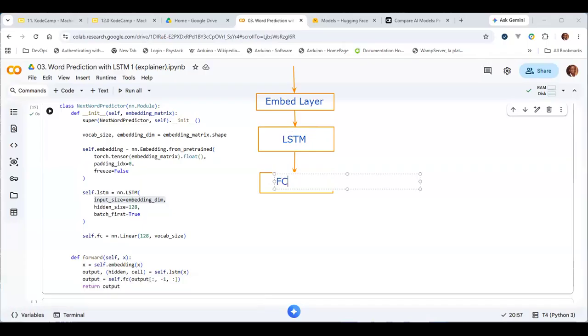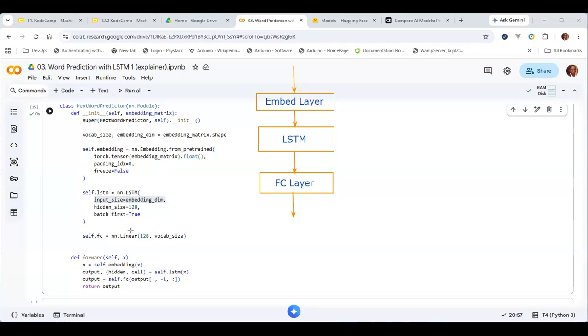Then you have the fully connected layer here. So this fully connected layer is the output that will essentially give meaning to the data that you're giving it to train. Okay, so that's what we are looking at here.